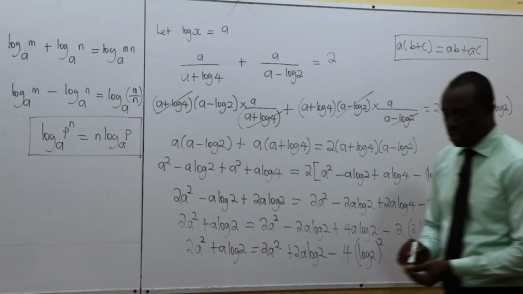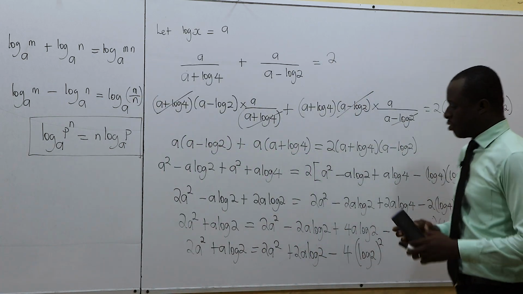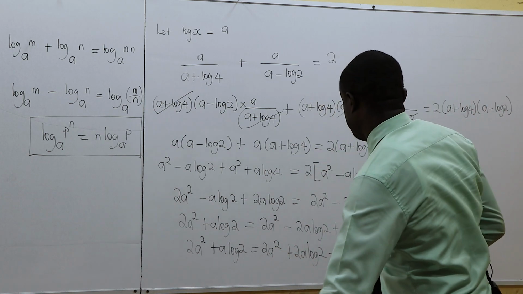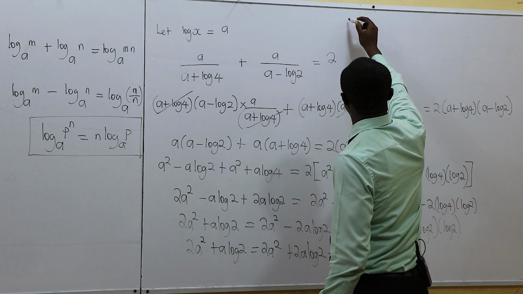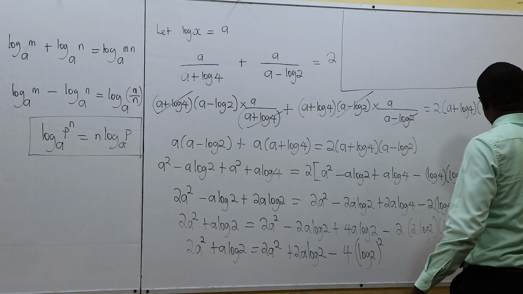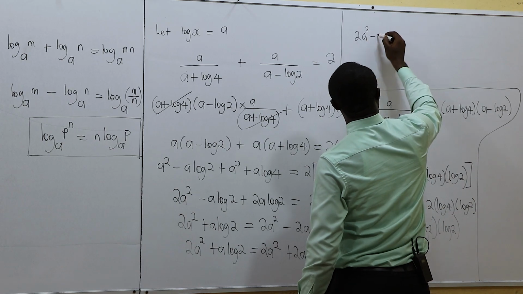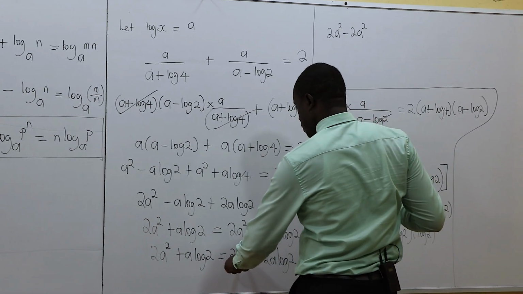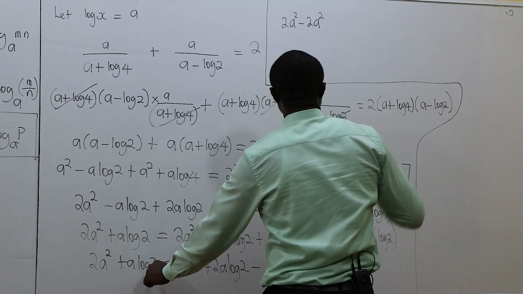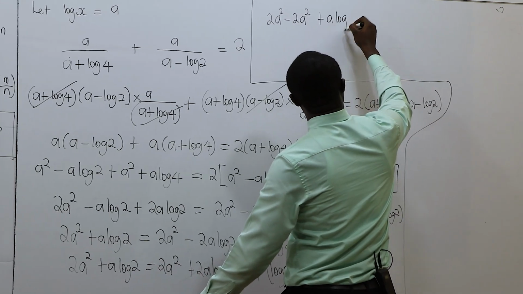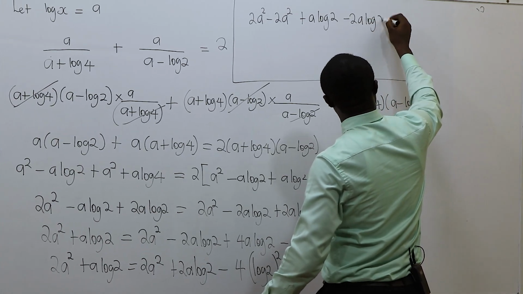Now what can we see? You can have some common terms from here. We have 2a squared minus 2a squared. Now let's see, we have a log 2 plus a log 2, but this is coming minus 2a log 2.